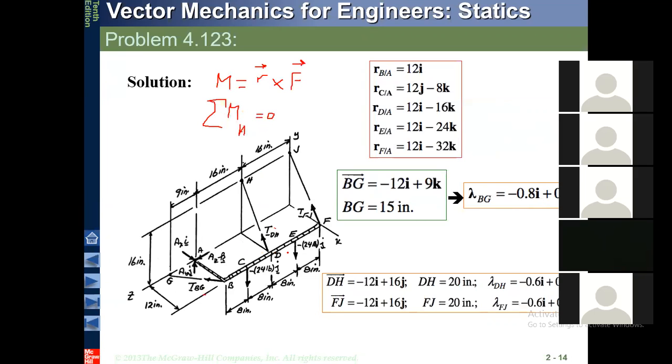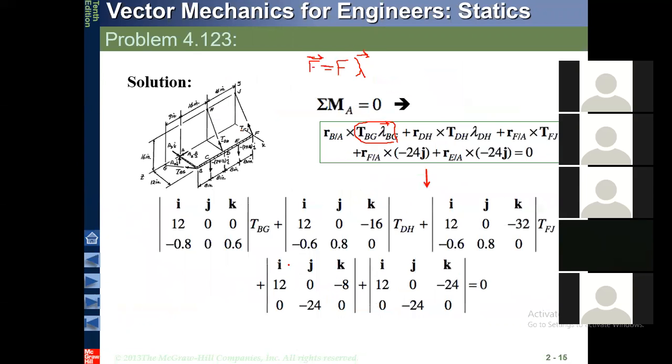So well, you have TDH, TFJ, and TBG as the unknowns, and you're going to have three equations because you have eliminated A of X, A of Y, and A of Z by taking the moment around point A. Then you can easily solve it for each of the cable forces.